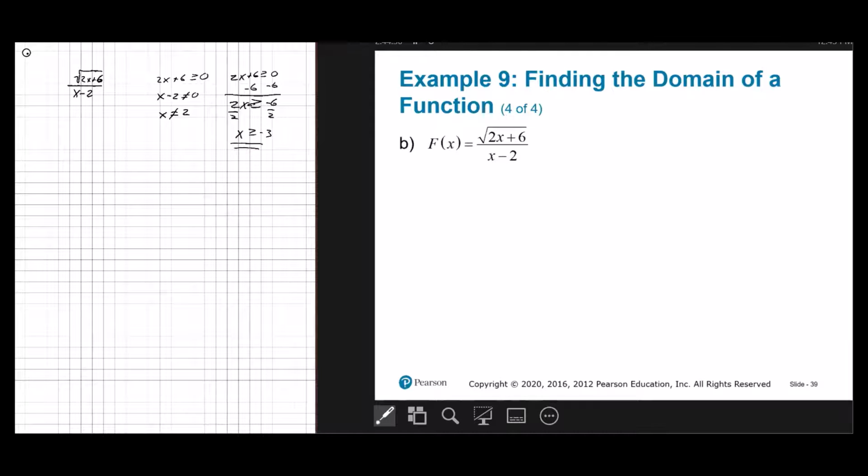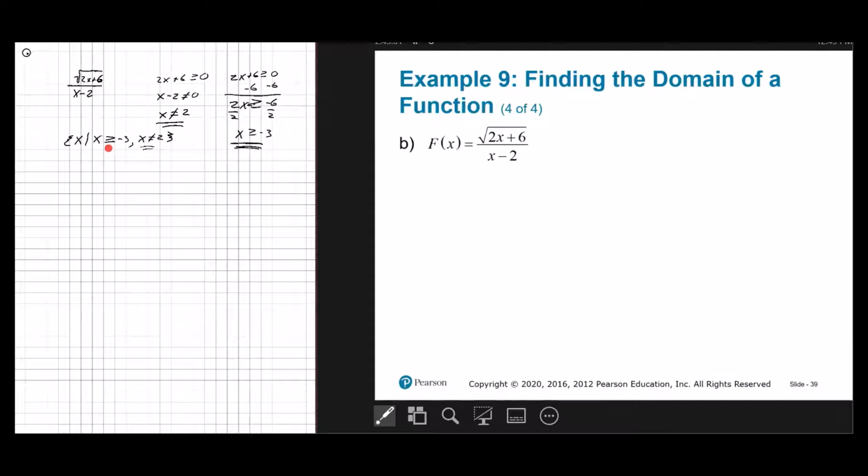So these are the two conditions that have to be met for x to be in the domain. So I have the set of all x such that, and we're going to write this one first because that's what the textbook did. It doesn't matter, actually. x has to be greater than negative 3, and x cannot equal 2. Now, why do I have to put this one in?